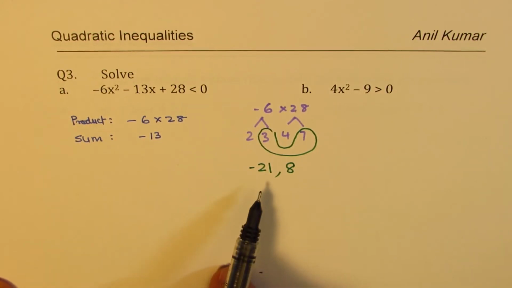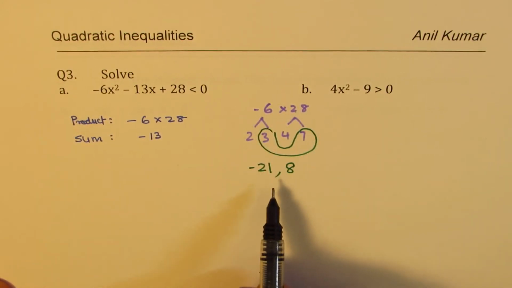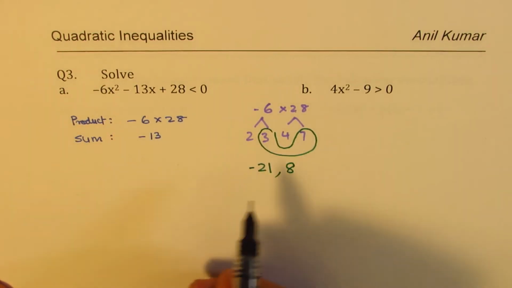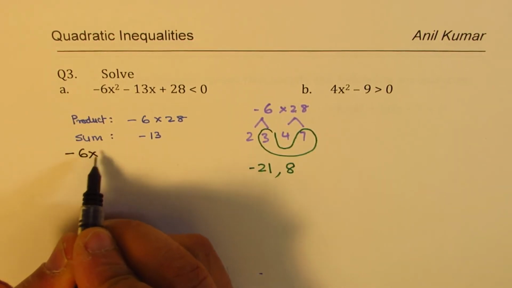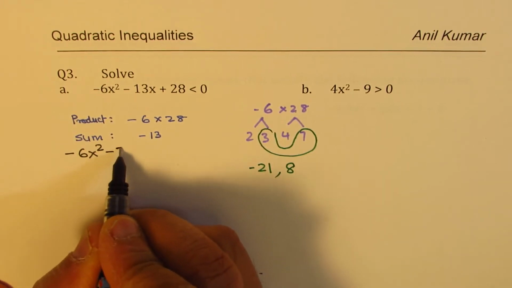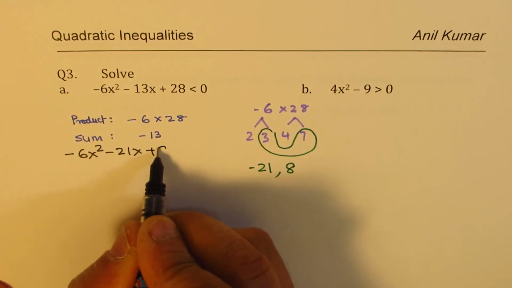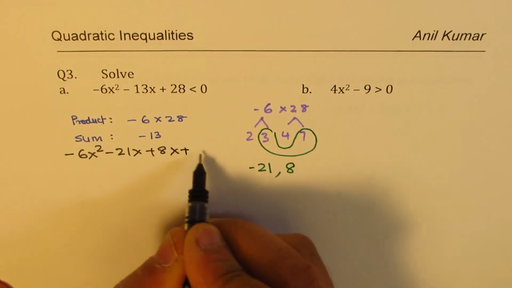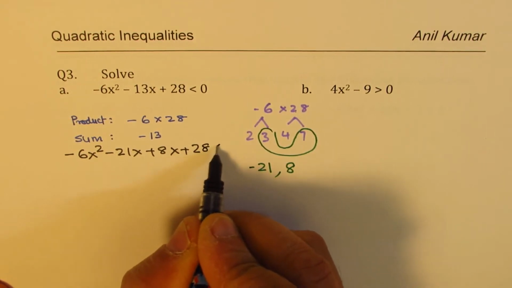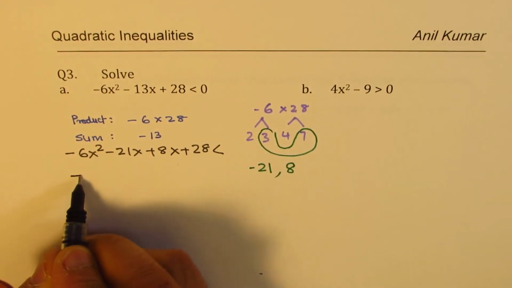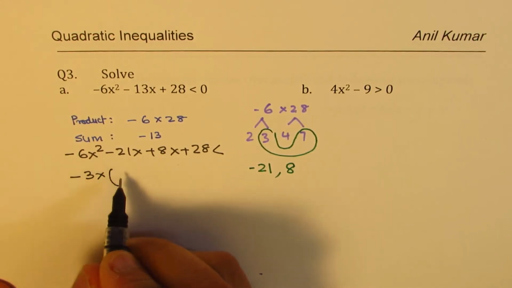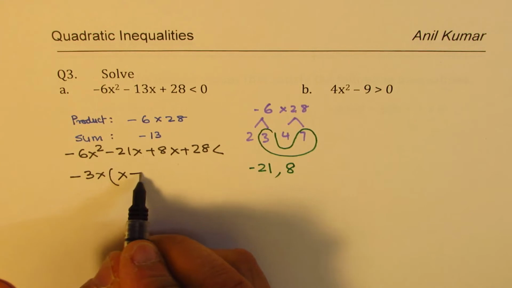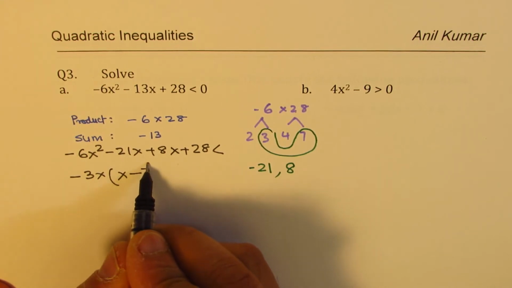I hope you got the idea. So this is a good method of doing it. Now we'll substitute minus 13 with these two numbers. We'll write this as the sum of minus 21x and plus 8x. Now in the first two terms, I can take minus 3x common. So I have x minus 7.